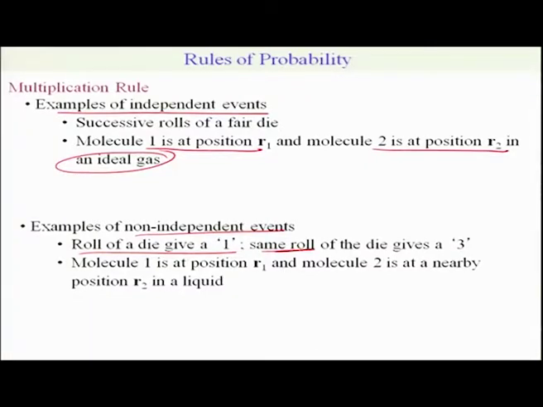Or, molecule 1 is at position R1, let us say this is a reference origin and this is molecule 1, and you are asking that molecule 2 is at a nearby position R2 in a liquid. So, this molecule 2 is within the vicinity of molecule 1. So, where is this molecule 2? In this case this becomes a non-independent event, it depends on the position R1 and the vicinity of it.